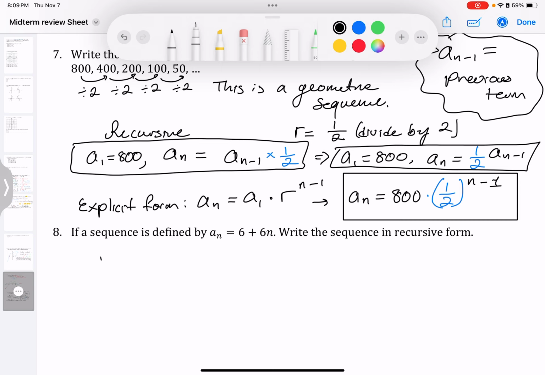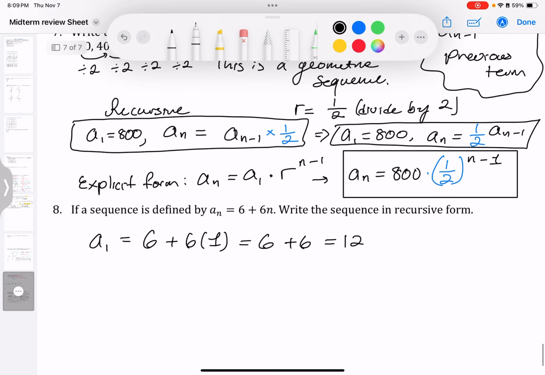So first, let's find a1. And to find a1, you can just plug 1 into n. So 6 plus 6 times 1. That's going to be 6 plus 6, which is 12. That's my first term.